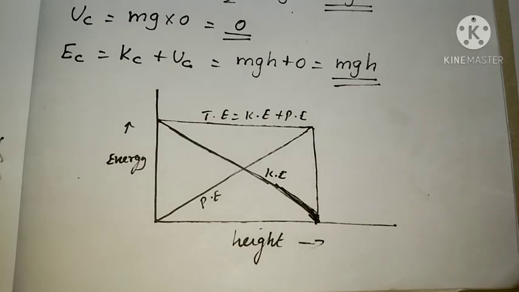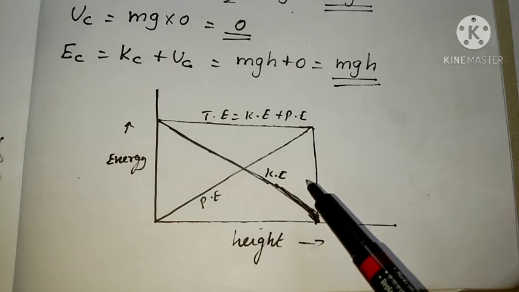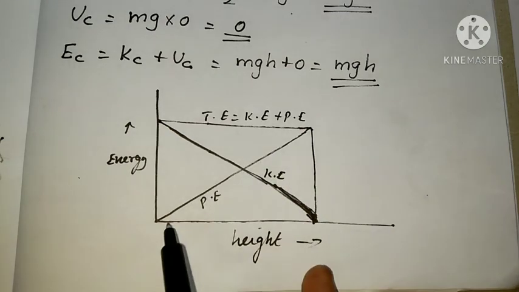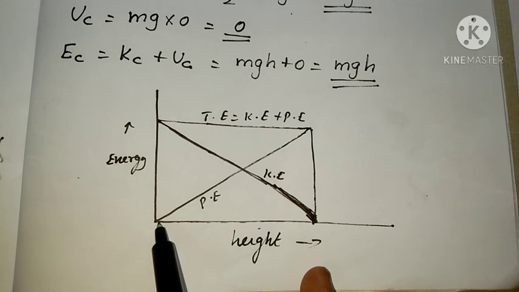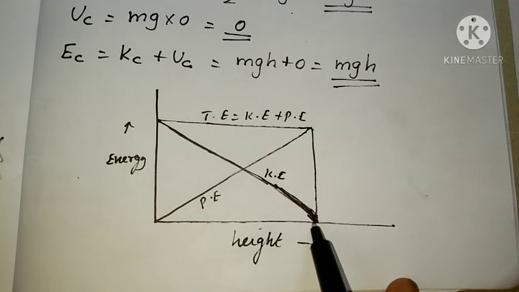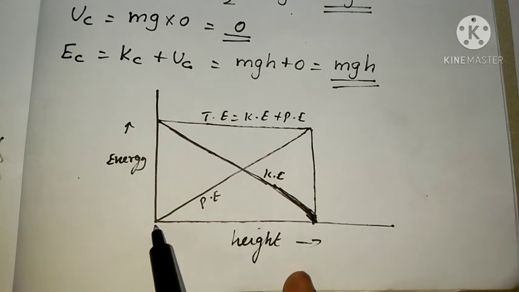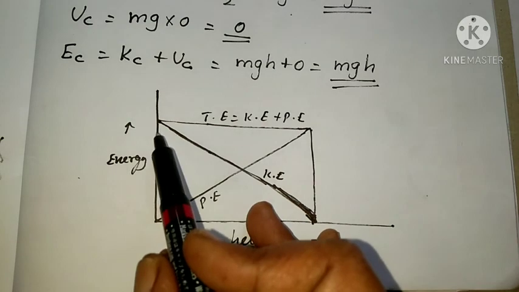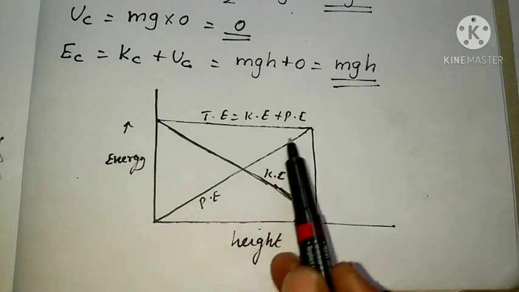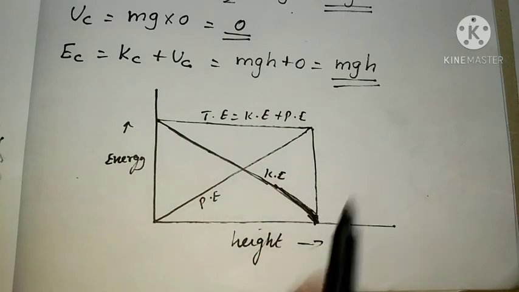Clear? We can plot kinetic energy and potential energy in a graph. When you look at this graph, you can understand that initially the height is 0, so potential energy is 0. This is the graph for the potential energy and this is the graph for the kinetic energy.